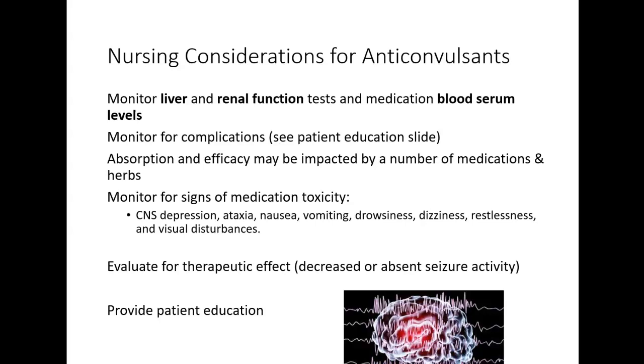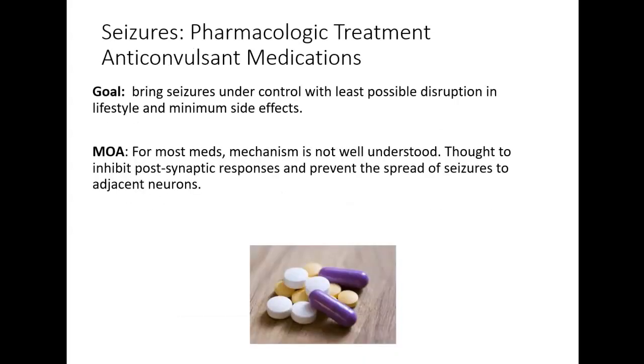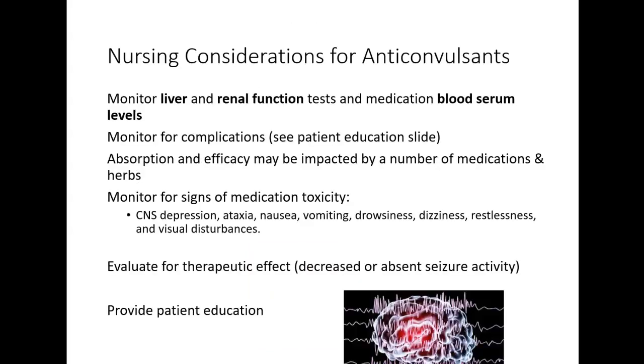Looks like they're sort of throwing anticonvulsants into a big pot here and just talking about them in general. And that's fine. I'd rather that you know more sort of nursing considerations. Anybody taking anticonvulsants on a regular basis will have ongoing and regular liver and renal function tests and blood serum levels, depending on the drug. Some drugs actually have a therapeutic dose, and so you need to measure that with a blood level. But I know my son, who takes 2 medications every day, gets liver and renal function tests probably every 3 months.